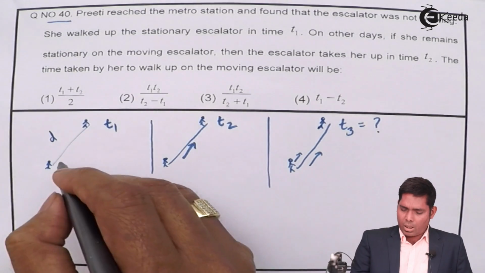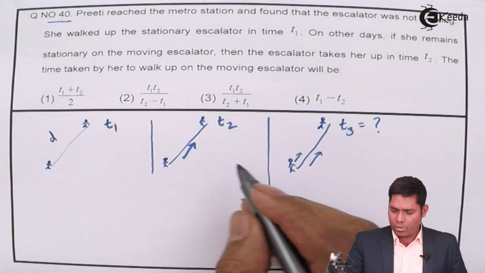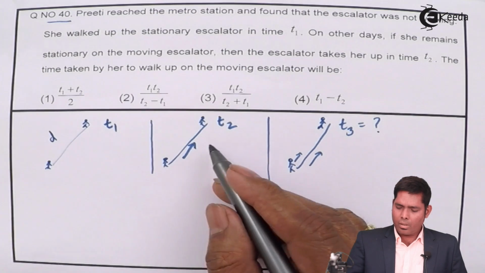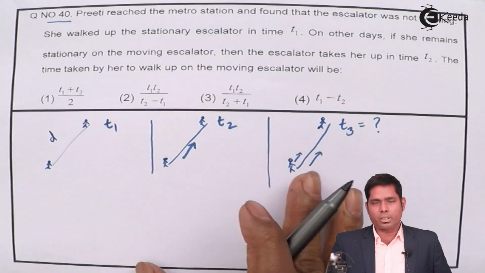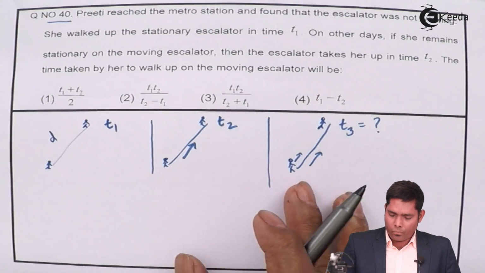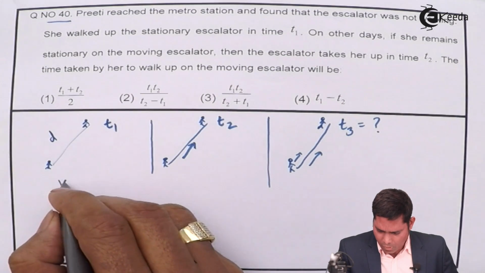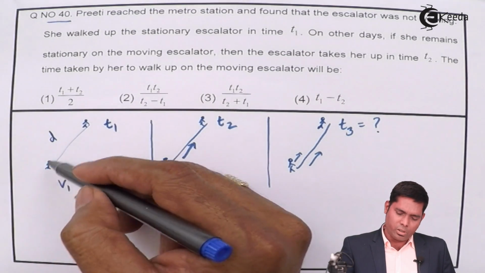So here this is stationary and here it's moving, and both of them are moving. Now the velocity for this one is suppose v1, the speed at which this distance is covered.